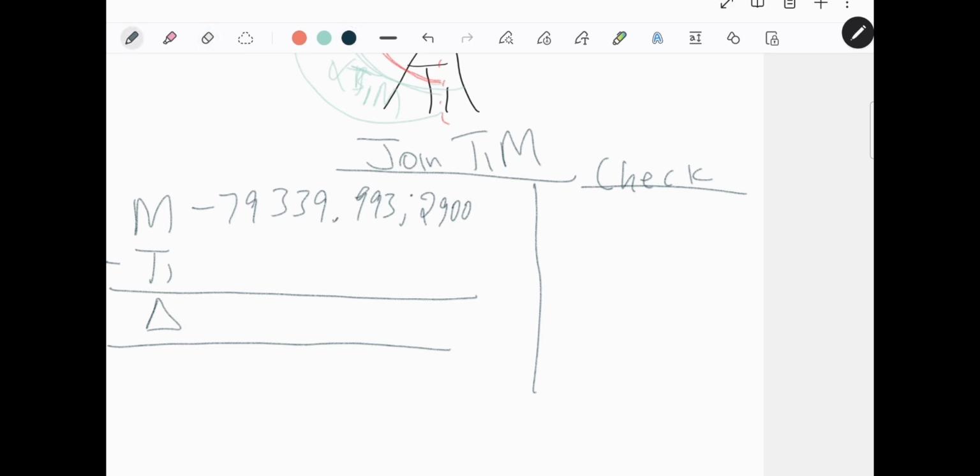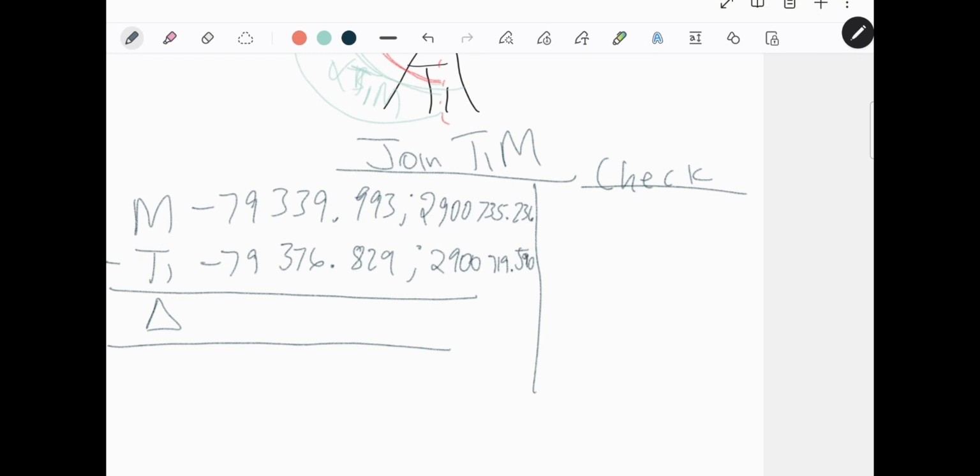This is for T. So 2900735.236. So for T1, it's -79376.829, 2900719.590.